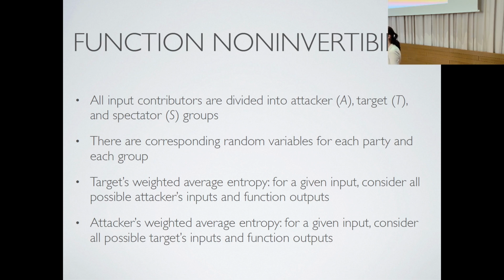There is a group of participants that are going to be the adversary or the attacker, who would like to learn something about a different group of participants, the target. And everybody else who is neutral is going to be a spectator. So we have these three groups, and it could be one individual or more individuals, depending on what the goal is.